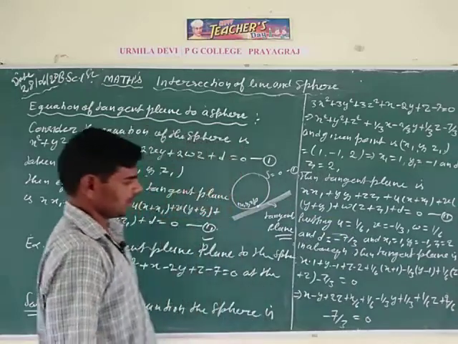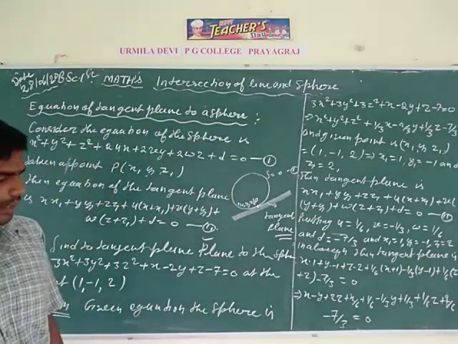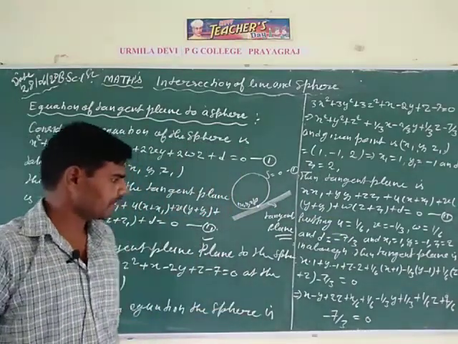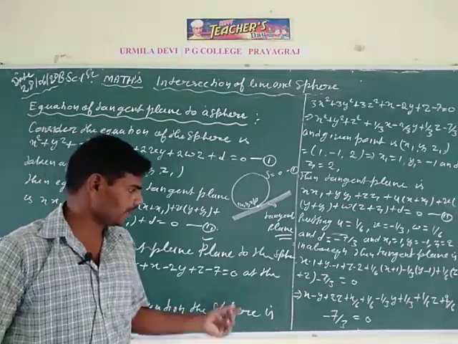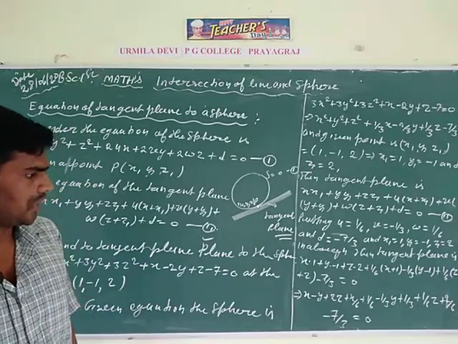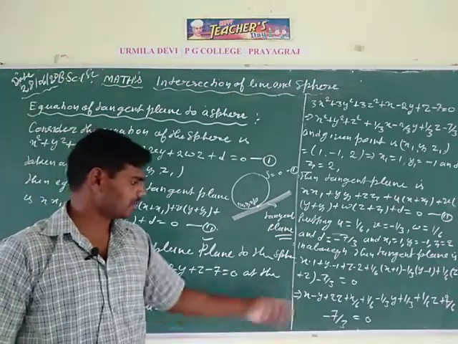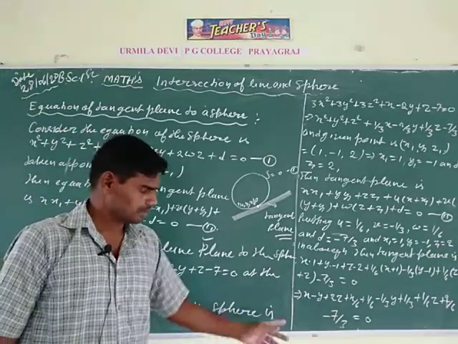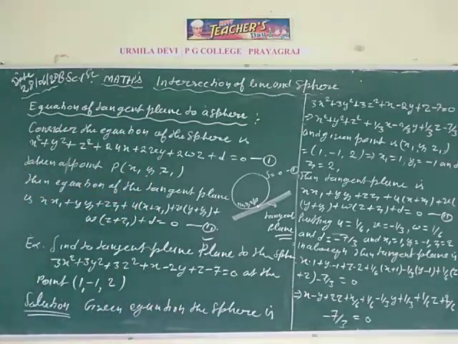This is not in the general form of the plane equation. So after simplification, write all x in one bracket, all y in a second bracket, all z in a third bracket, and in the fourth bracket write the numerical values.